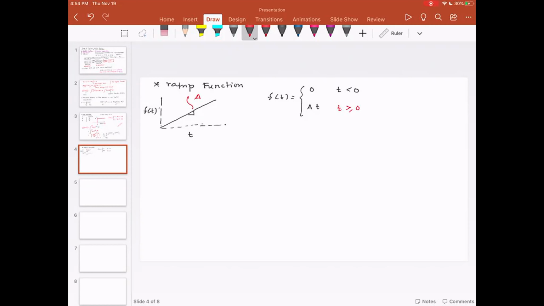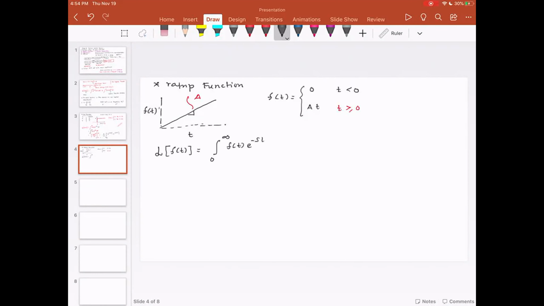Now I need to find out the Laplace transform of the ramp function. Again, the equation for the Laplace transform is the Laplace transform of f of t equal to the integral from 0 to infinity of f of t e to the minus st dt.